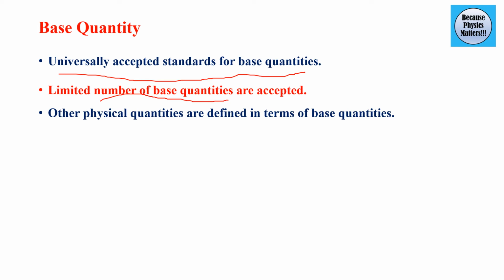So we have time, mass, distance, electric current, thermodynamic temperature, and other things. All the other quantities depend on the base quantities, because only 7 quantities cannot define everything. I will show you how.